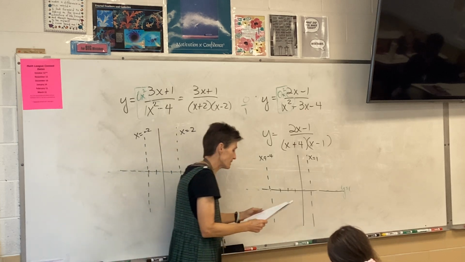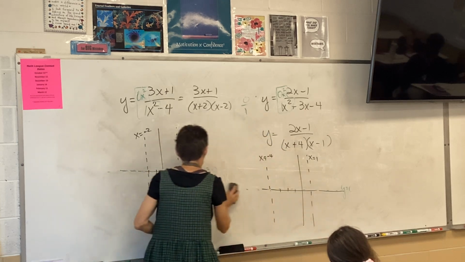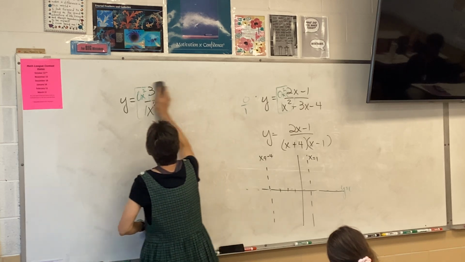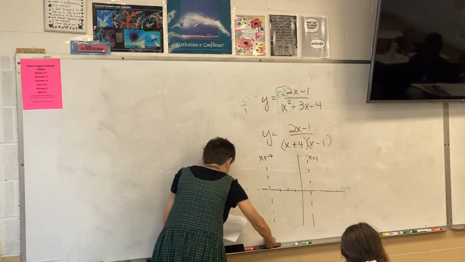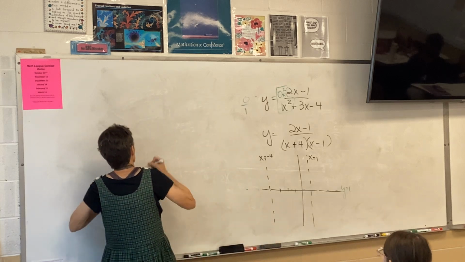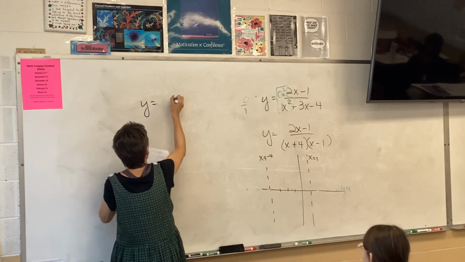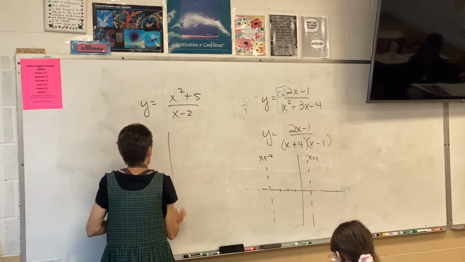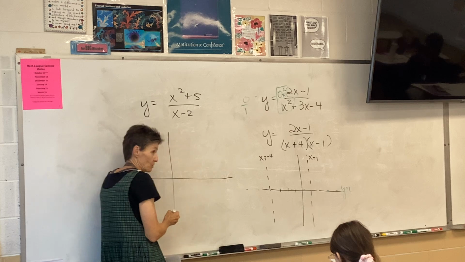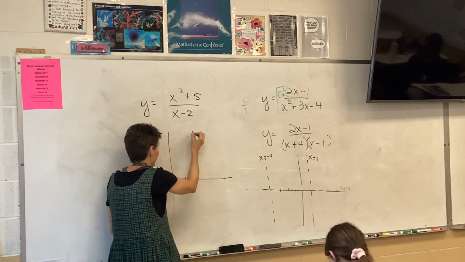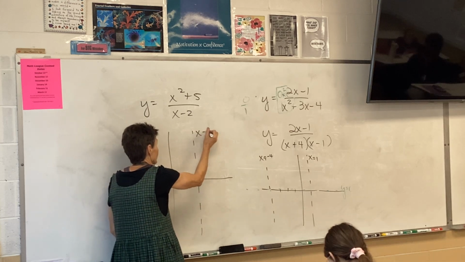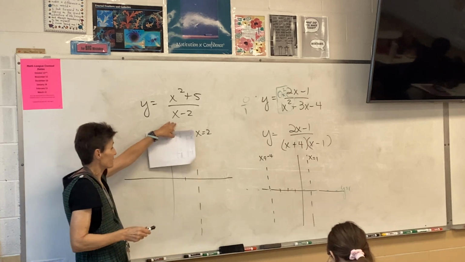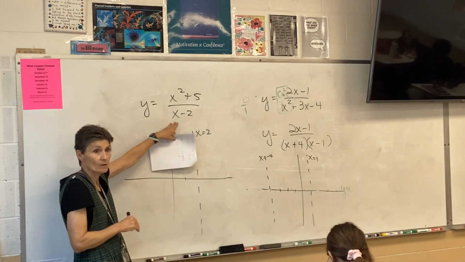Well, what happens in letter G? Let's take care of business here. Do I have a vertical asymptote? There's one x down there, so there's only one asymptote.